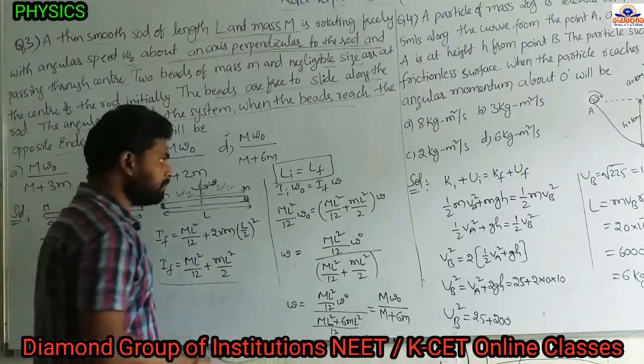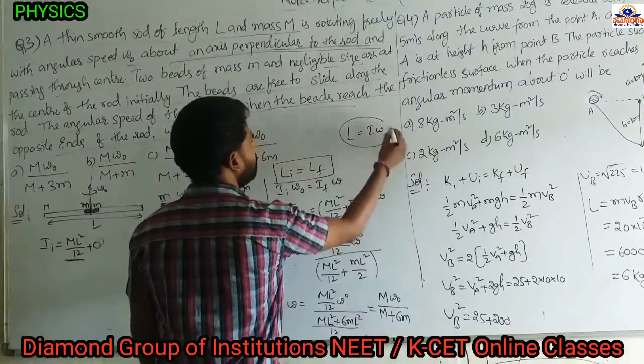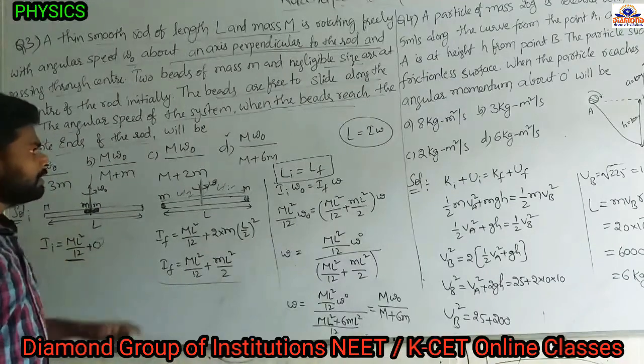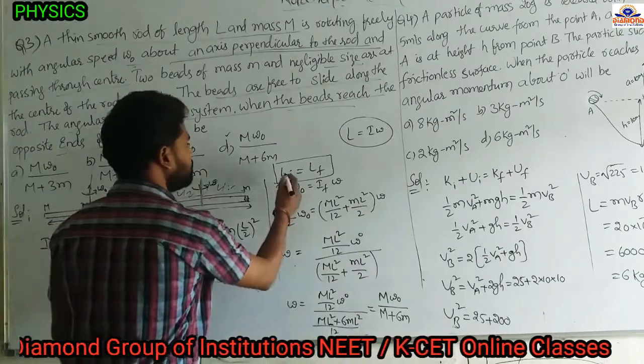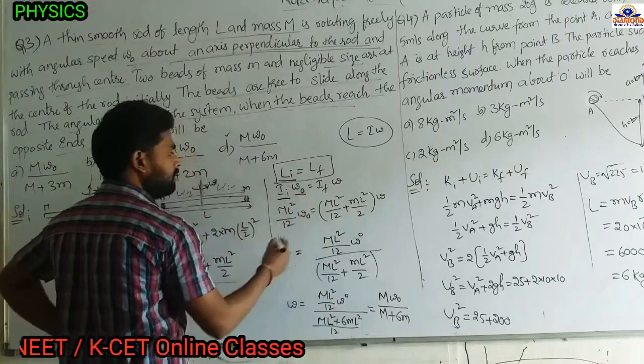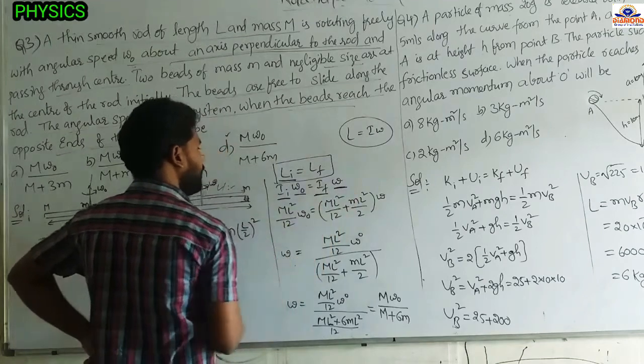The formula for angular momentum is L equals I omega, where I is the moment of inertia and omega is the angular speed. So the initial moment of inertia into initial angular speed equals the final moment of inertia into final angular speed.